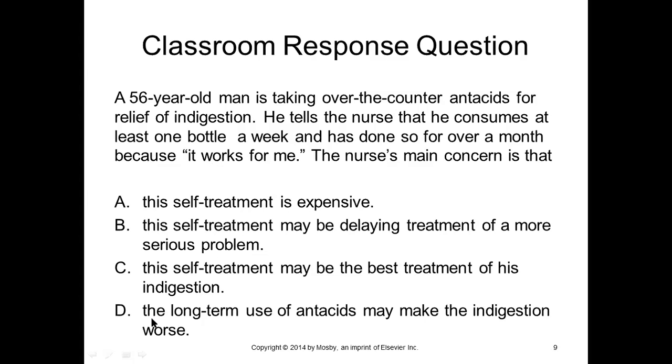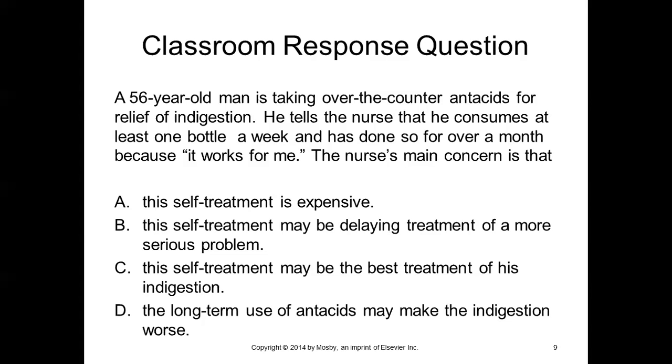And I said A and C are not answers. The answer might be B or D. Then we have to find out which one is the most important. Delay the treatment, and long-term use of antacid may make the indigestion worse. Yeah, it is one, but delaying the treatment is the more serious problem. It can cause a more serious problem. Maybe a peptic ulcer leading to carcinoma of the stomach, right?